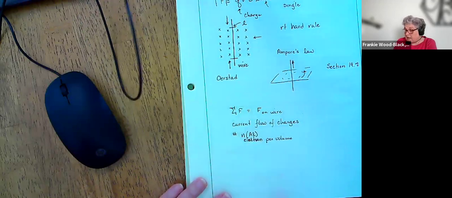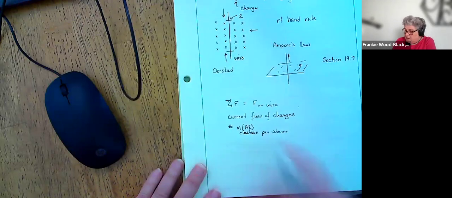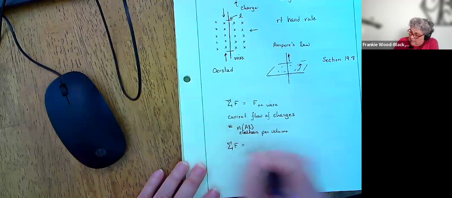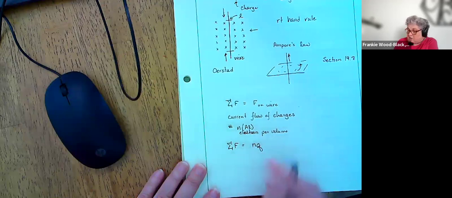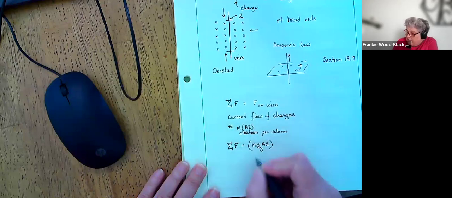So the sum of the forces is going to equal the number of charges, times my charge because I'm dealing with an electron, times the area and the length, which gives the number of charges.